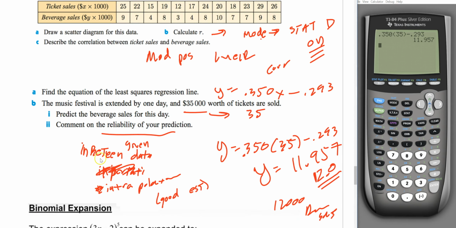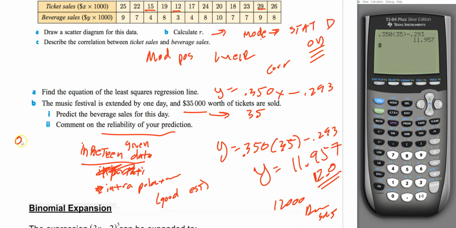But if it's given in between your data sets, so what does that mean? So here my lowest is about 12, and my highest is 29. So if I said estimate the sales of 25, then it's an interpolation. It's probably gonna be a pretty good estimate.